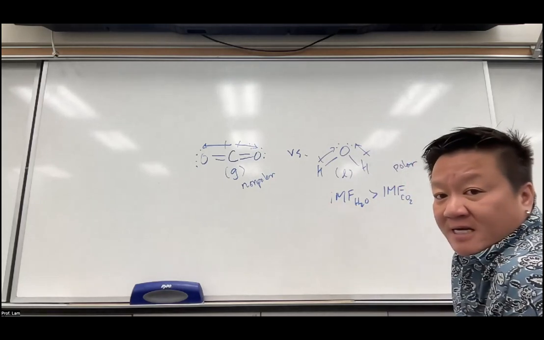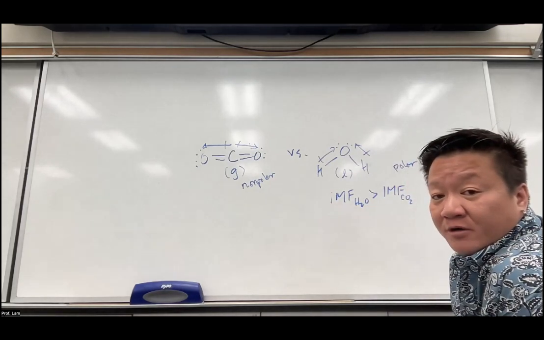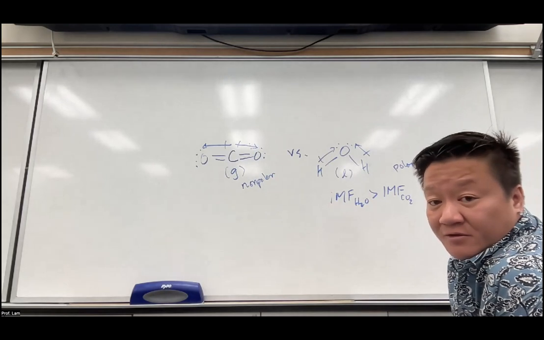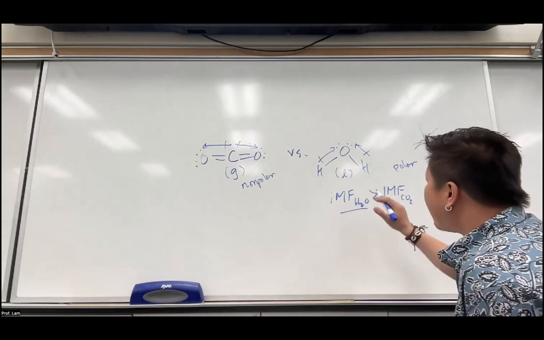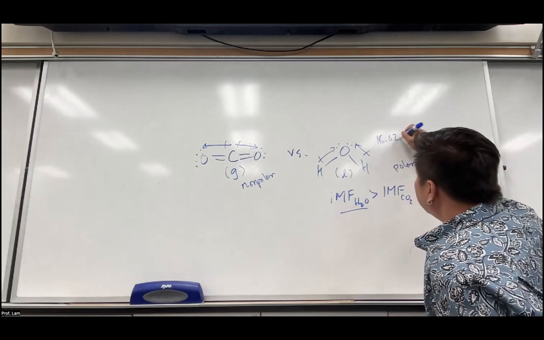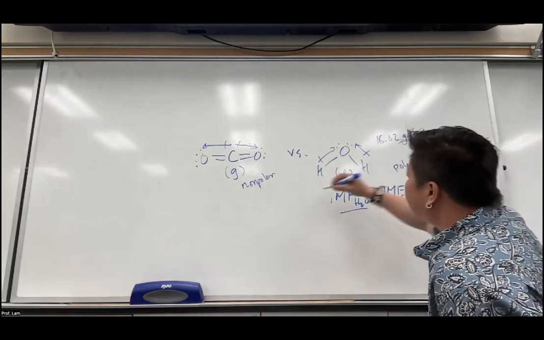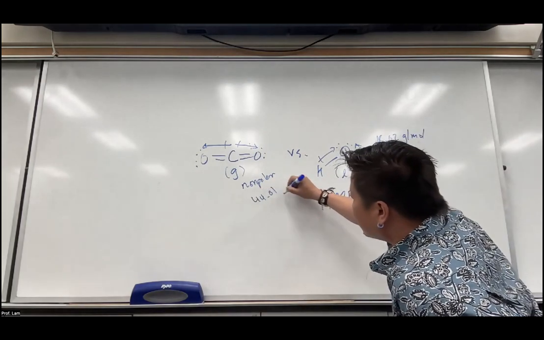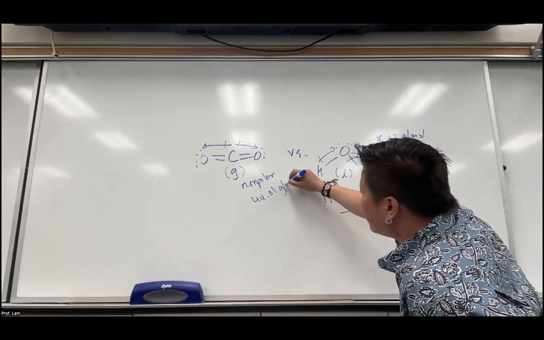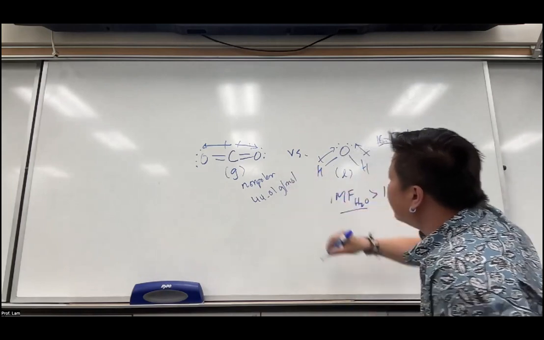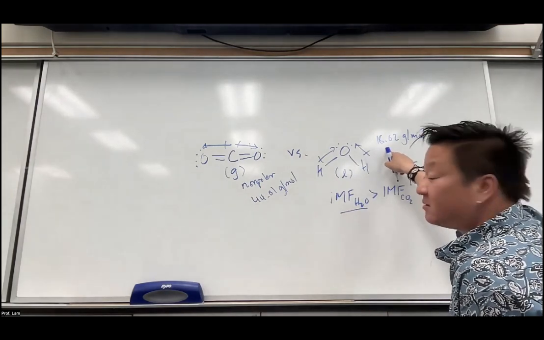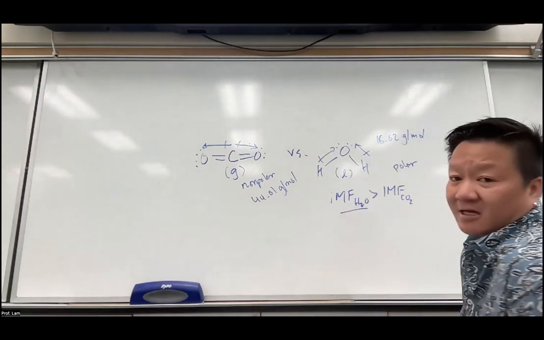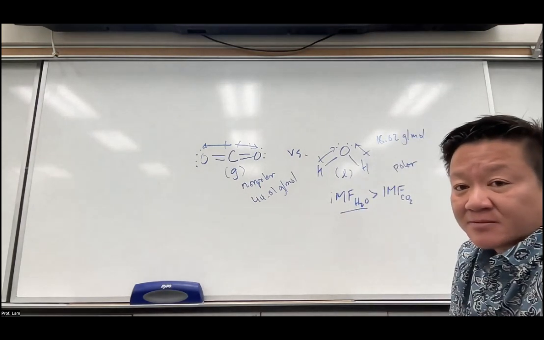And we're going to learn in a second why polar things are stronger than non-polar things as far as their IMFs. And so that's why, even though water is 18 grams per mole versus carbon dioxide at 44.01 grams per mole, even though this is smaller, it's in the liquid state, as opposed to CO2.